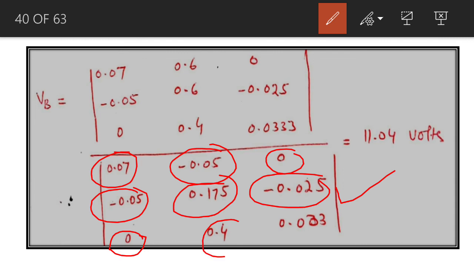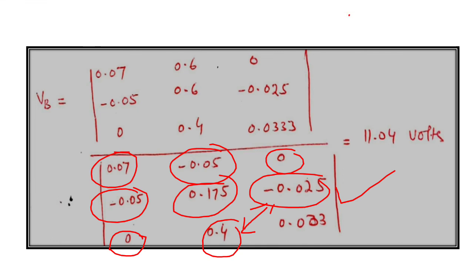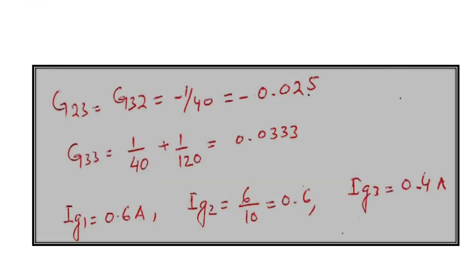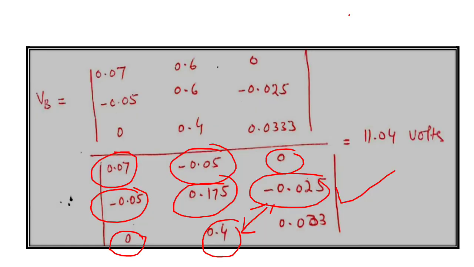Okay, let me consider this G32. G32 must be equal to minus 0.025 because G23 is always equal to G32. So let me consider the value of G32. I think yes, minus 0.025. So I have made a mistake over here.